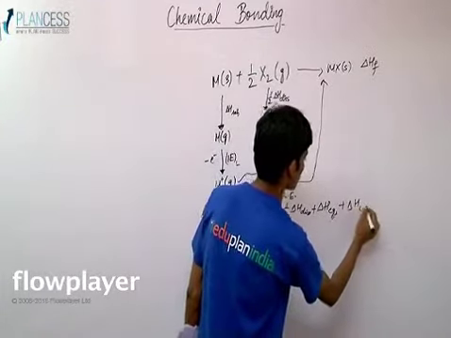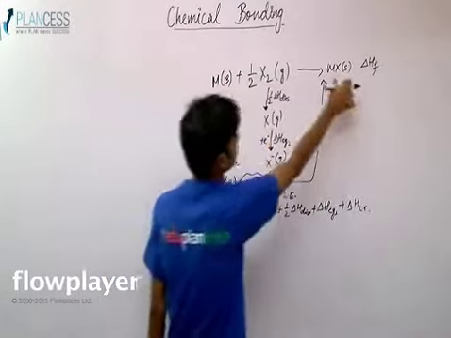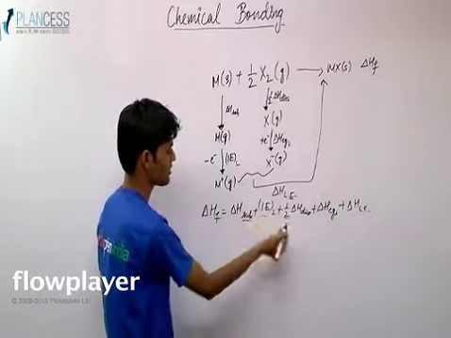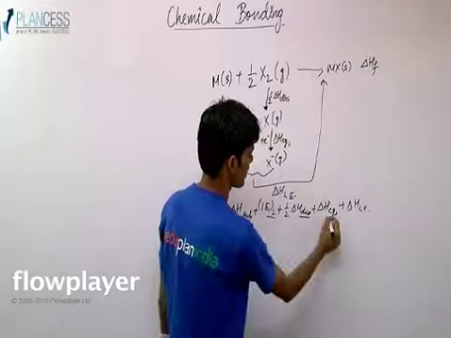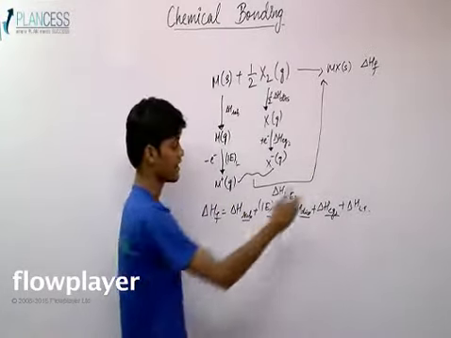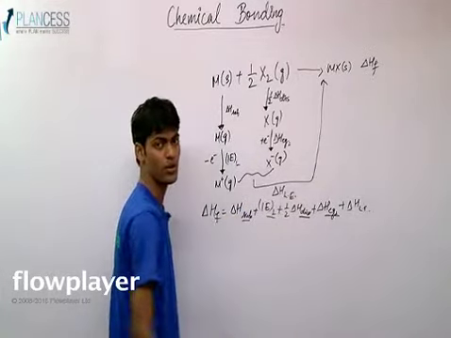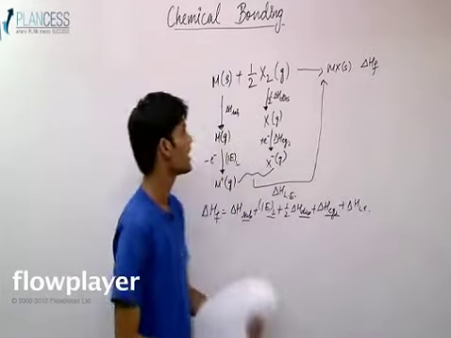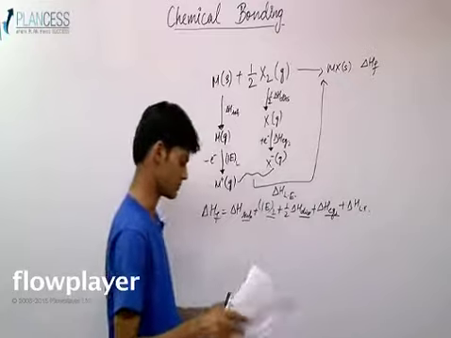So if you know the energy involved in this process, delta H f, and you know all the other variables, sublimation, first ionization energy, dissociation and electron gain enthalpy, you can easily calculate the lattice enthalpy from this reaction, and this is how we calculate the lattice energy from the Born-Haber cycle. So it helps us determine the lattice enthalpy of any solid.